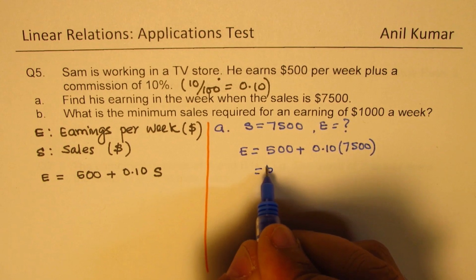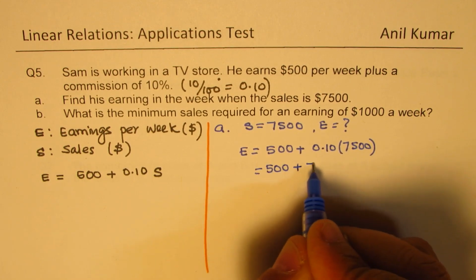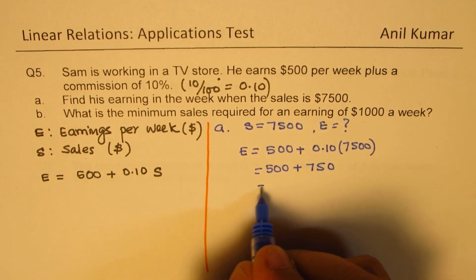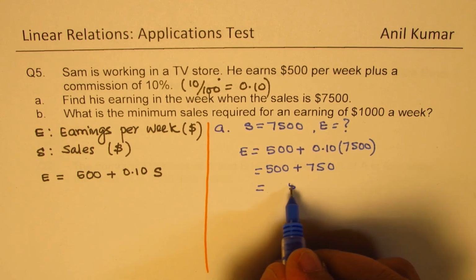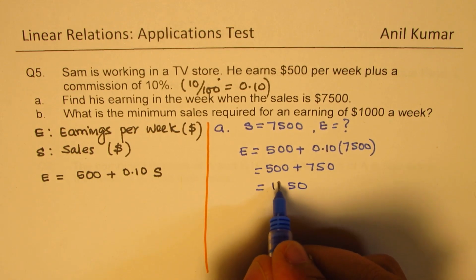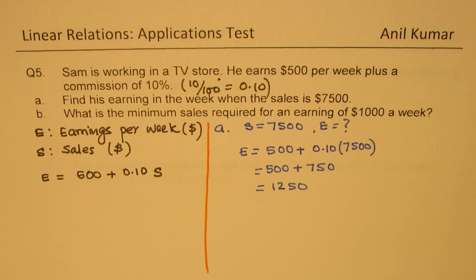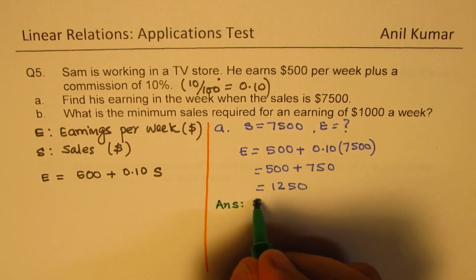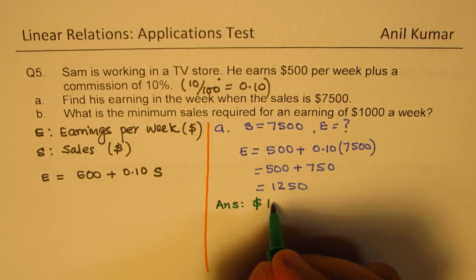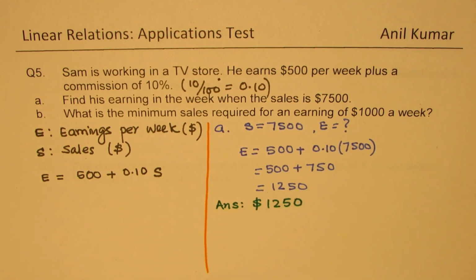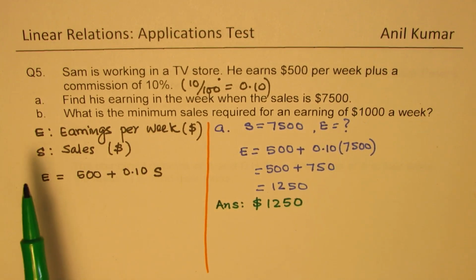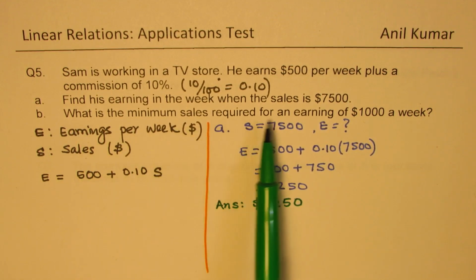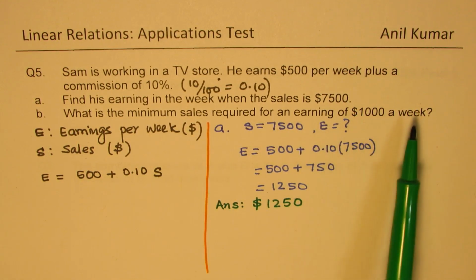Right, so that gives you 500 plus 750. And then you can add them up and you get 1,250. So we get the answer here, units should be included, $1,250.